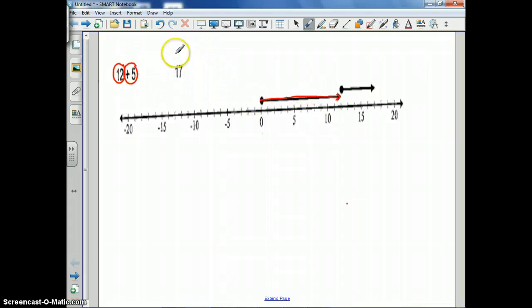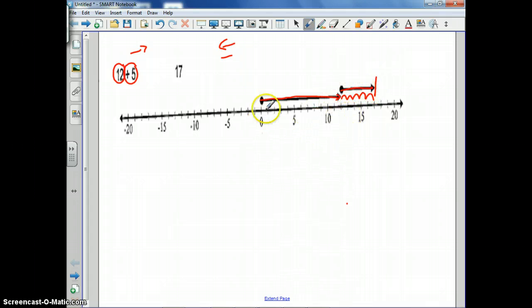Now, you saw in the video yesterday, if this second term is positive, you go to the right. If the second term is negative, you go to the left. So since this is a positive 5, we're going to go to the right 5. And we could count 1, 2, 3, 4, 5. And that puts us right here.